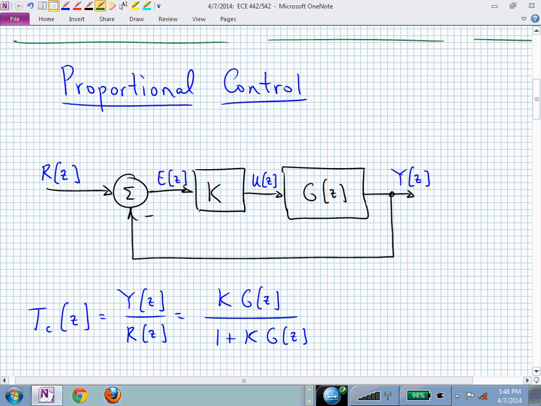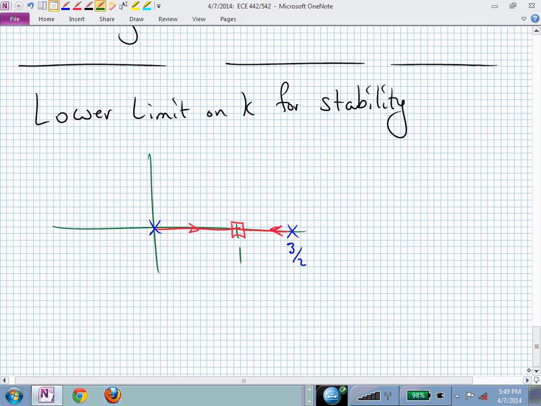What governs closed loop stability? This is your closed loop transfer function, isn't it? The denominator of that is what's influencing the closed loop stability. Let's look at that and see if we can use that to determine the value of K, our lower limit on stability.